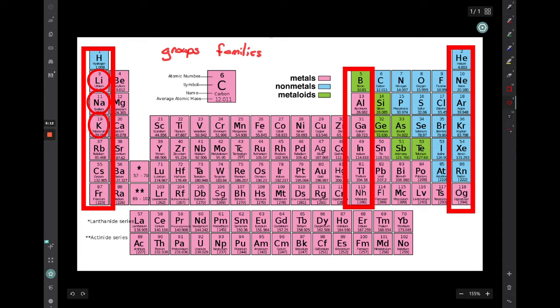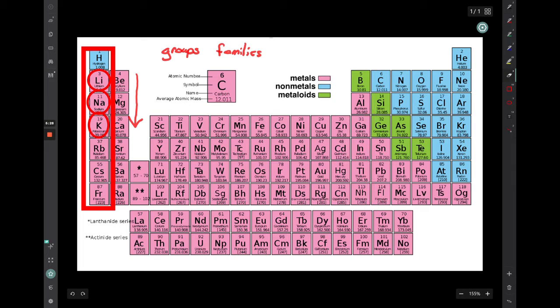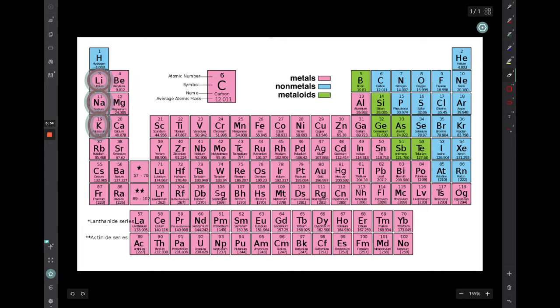However, if you also remember that as you go down on the periodic table, they become even more reactive. So the potassium was more reactive than the sodium, and the sodium was more reactive than the lithium. So families have very similar characteristics, and that's why they're called families or groups.